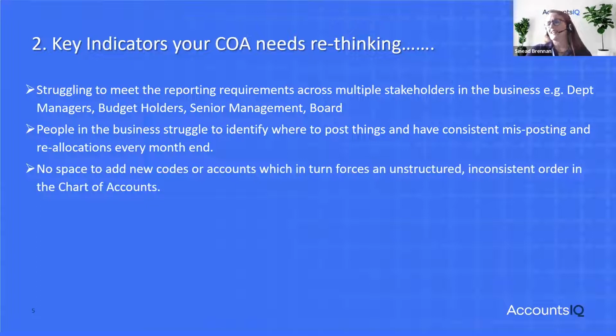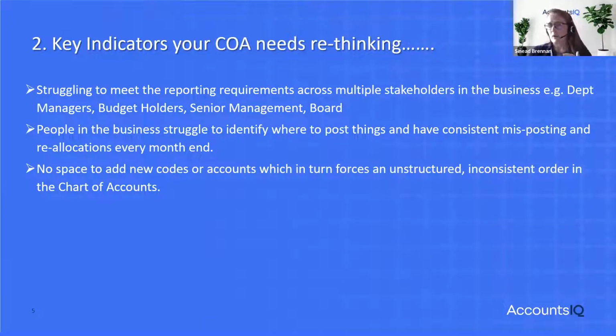So no space to add new codes or accounts, which in turn forces an unstructured, inconsistent ordering in the chart of accounts. We've all seen a massive chart of accounts that's trying to do everything: regional reporting, departmental reporting, even project. I've seen the same GL code replicated thousands of times to try and achieve that level of reporting.